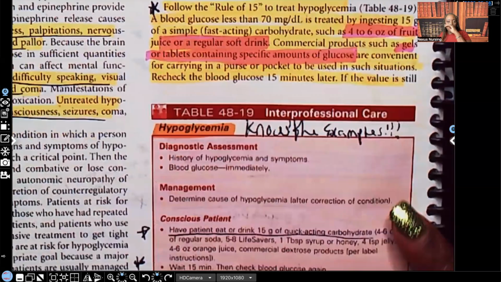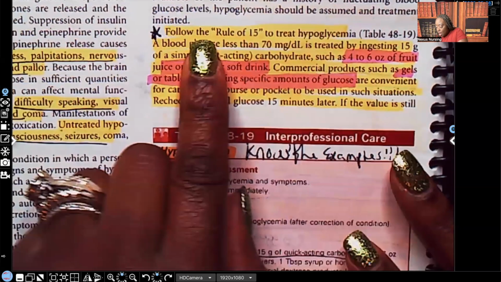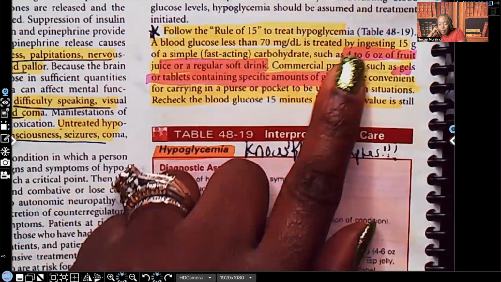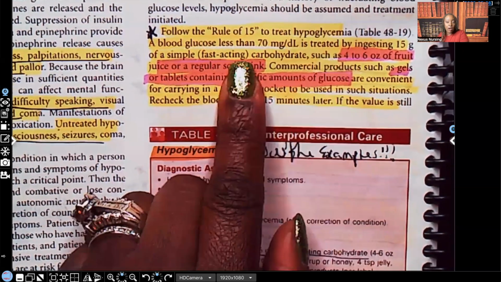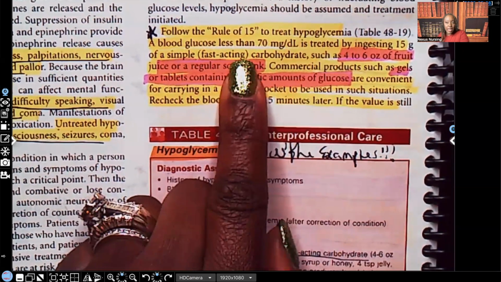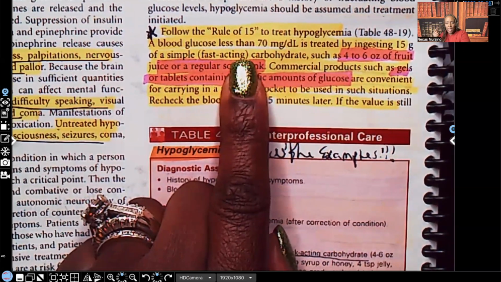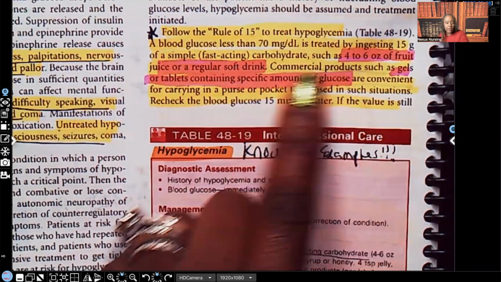All right. So rule of 15 for hypoglycemia. A blood glucose of less than 70 is treated by ingesting 15 grams of a simple fast-acting carb. And they give you examples, guys. What would be an example of 15 grams of a fast-acting carb, something that's going to bring up your blood sugar right away? Look at this. 4 to 6 ounces of fruit juice or regular soft drink.